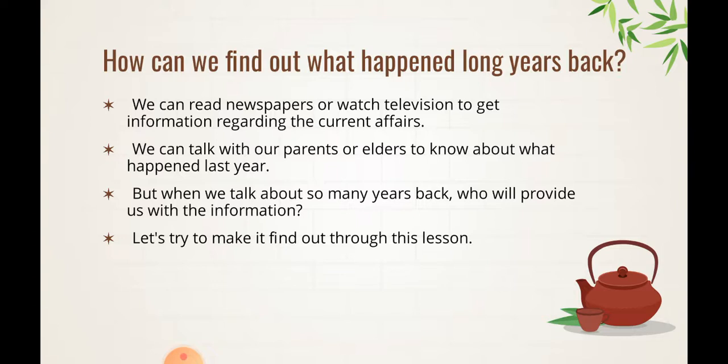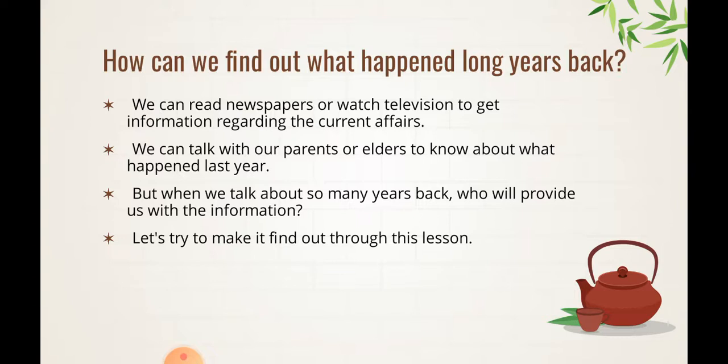At first, I would like to ask you a question. How can we find what happened long years back? We can read newspapers or watch television to find what is happening around us.